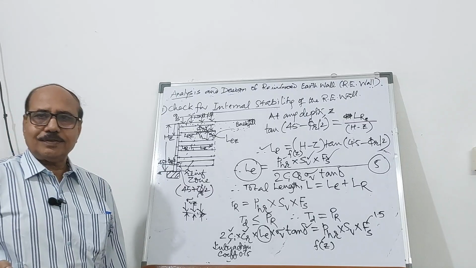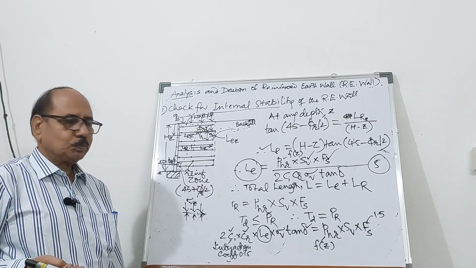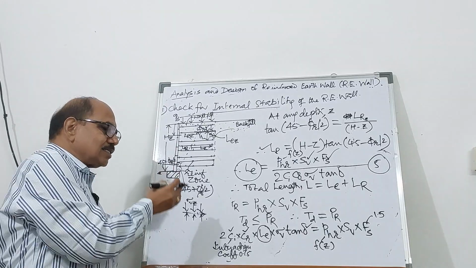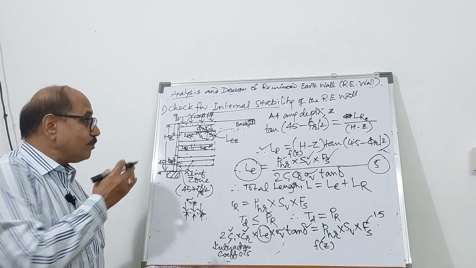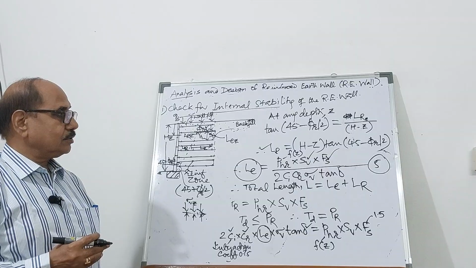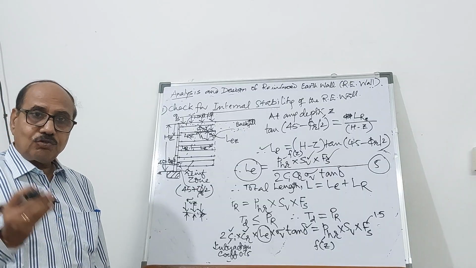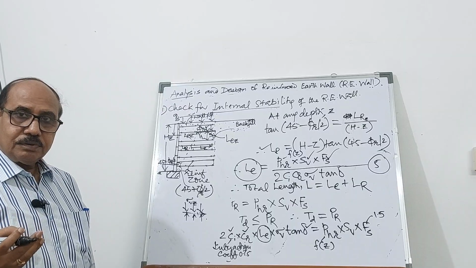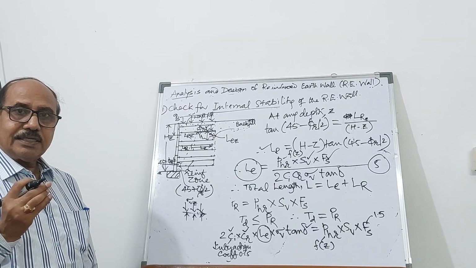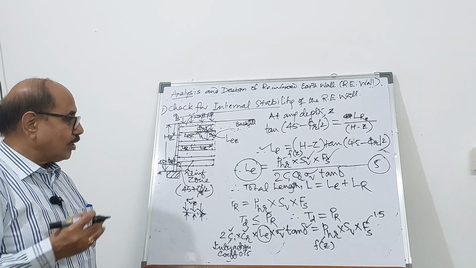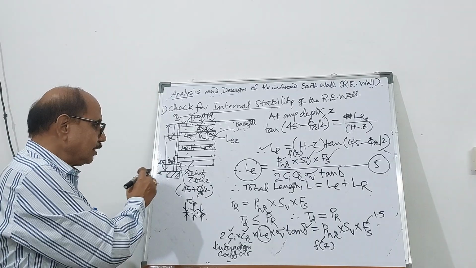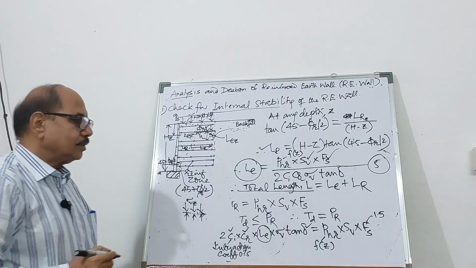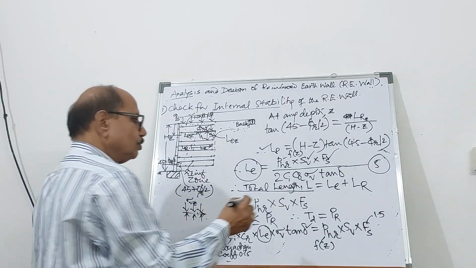Everything is known to you. So with this, you have completed the internal checks based on pull-out resistance and tension developed: what is the vertical spacing, what is the total length of the reinforcement. Everything is known to you.